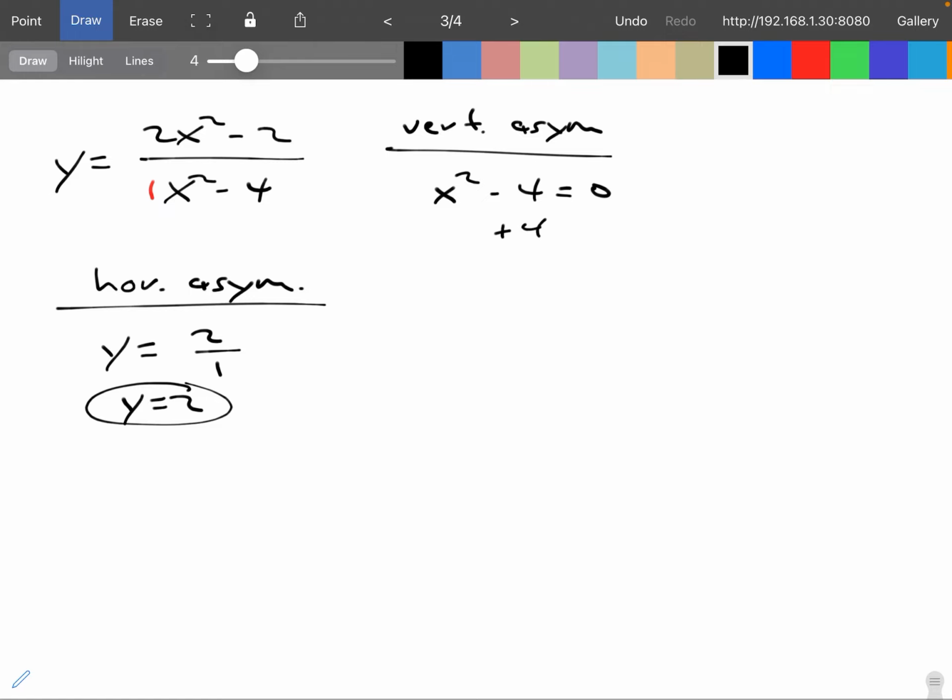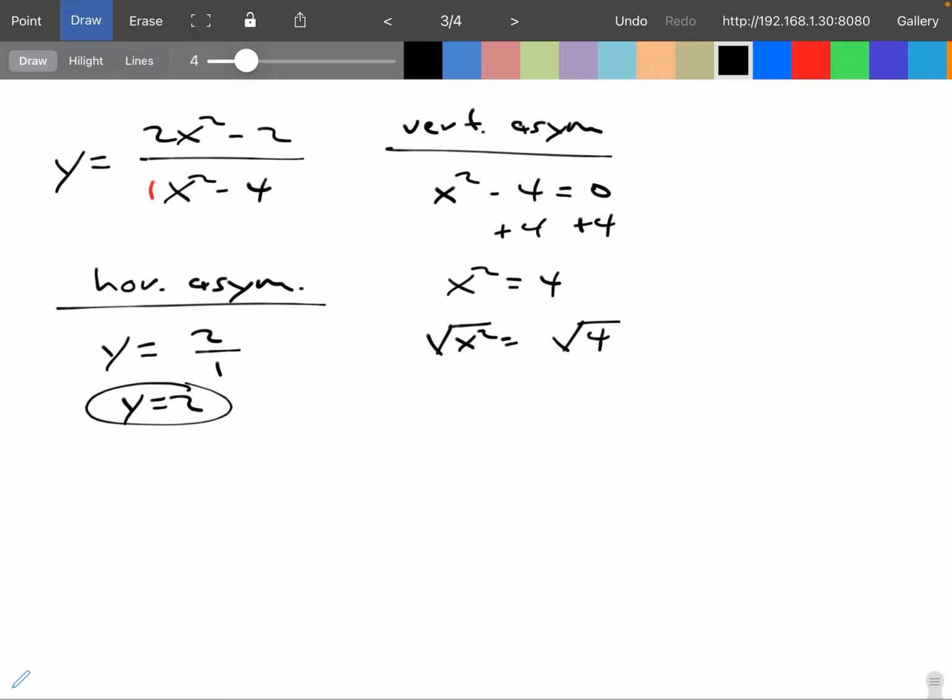Some people like to do it this way instead. They like to go, well, I'll add 4 on both sides, and that'll give me x squared equals 4. And then I want to solve for x, so how do I get rid of the squared there? Good, yeah, square root it. So we're going to square root the left side, and we're going to square root the right side.